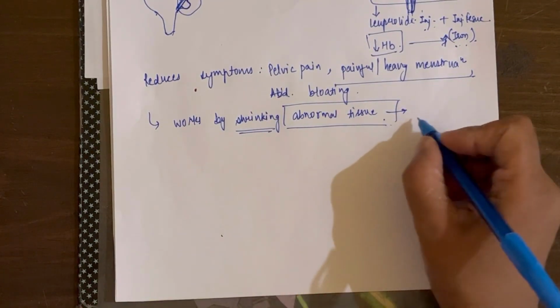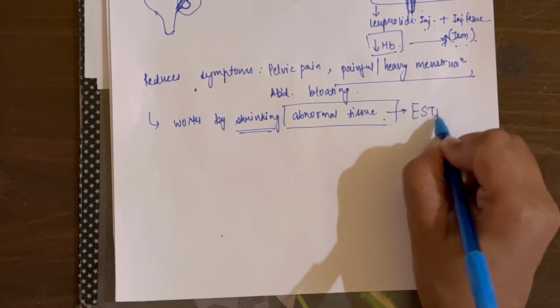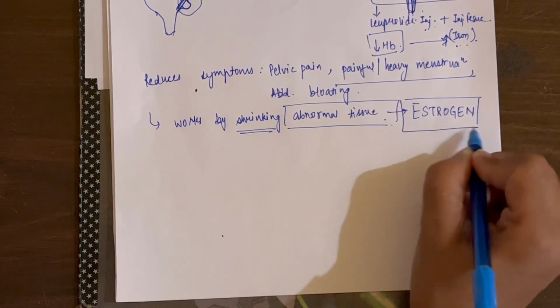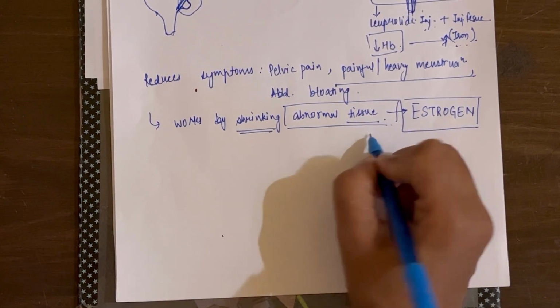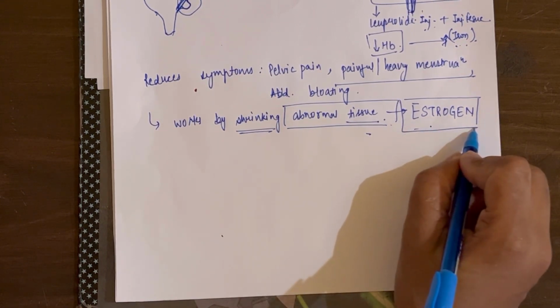For the growth of the uterine tissues, you know that a hormone, that is estrogen, is required. Estrogen is required for the growth of any kind of tissue in the uterus. So this works by inhibiting the production of estrogen in the body.